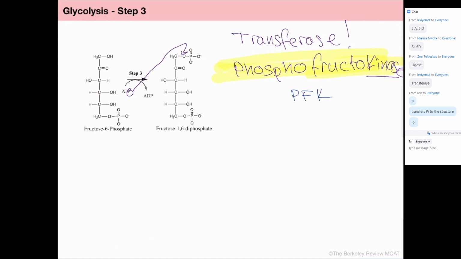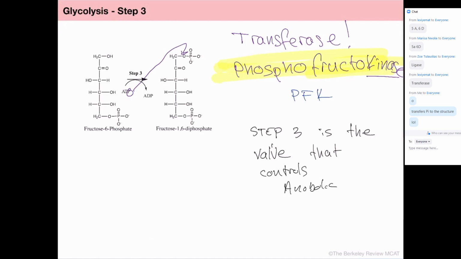This is an absolutely massive, major point of regulation in the glycolytic pathway. Step 3, and I'm going to write this down, is the valve that controls anabolic versus catabolic, whether glucose is going to get oxidized into pyruvate or not.